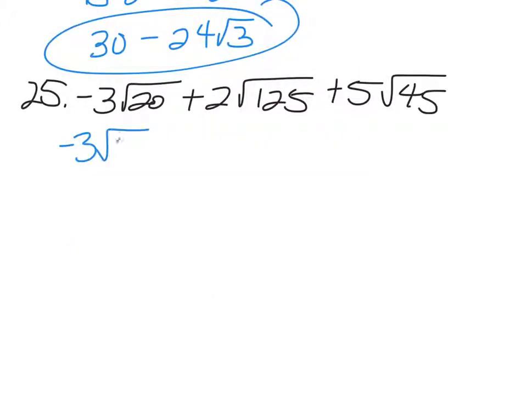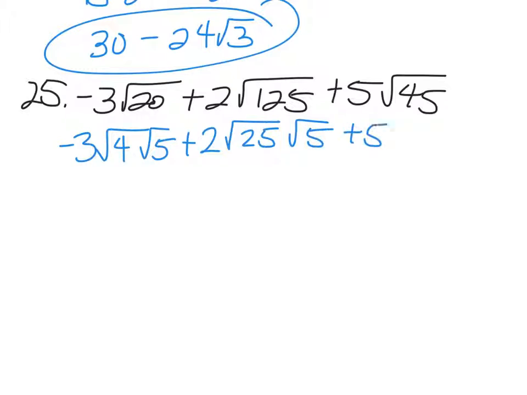20 we can rewrite as 4 times 5. 125, 25 times 5. And 45, 9 times 5. Square root of 4 is 2.